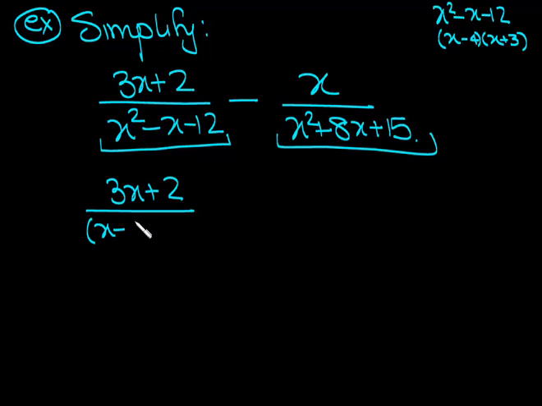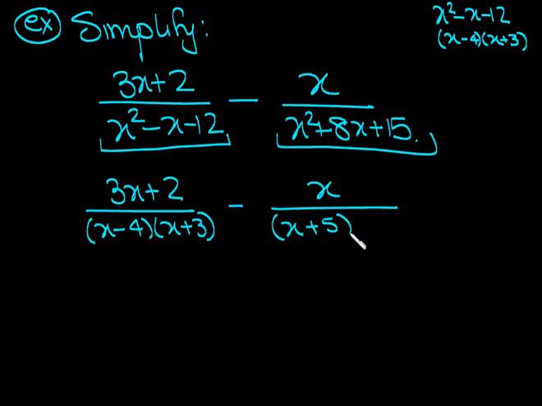So we get x minus 4 and x plus 3, minus x on the top here. I do the same thing with this, and just for the sake of time and writing, I'll factor this for you. You get x plus 5 and x plus 3. But you should do that factoring on the side. Just draw a line and do the factoring on the side.